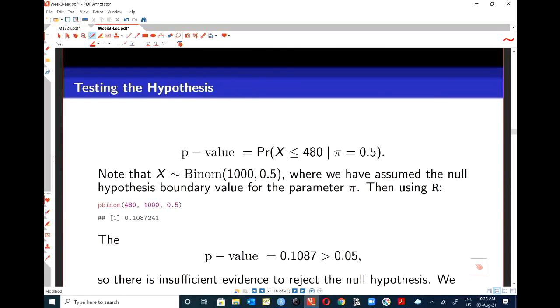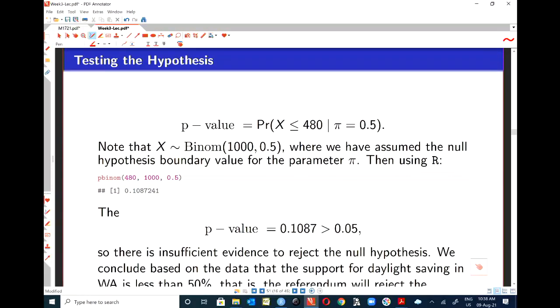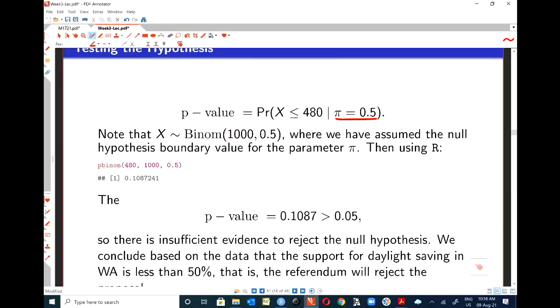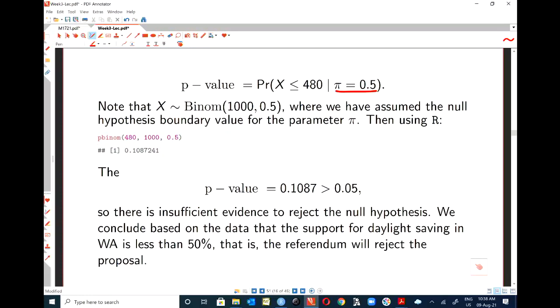So in this case my p-value is the probability of X being less than or equal to 480, assuming the null hypothesis, in other words assuming pi is 0.5, and there's my R code. I get a probability here of almost 10%. So this is bigger than 0.05. Now I should really be looking at 0.025, so I'll change that. It's a one-sided test. It makes it even better in that case.